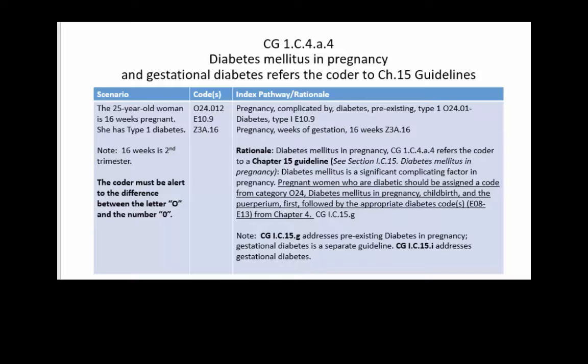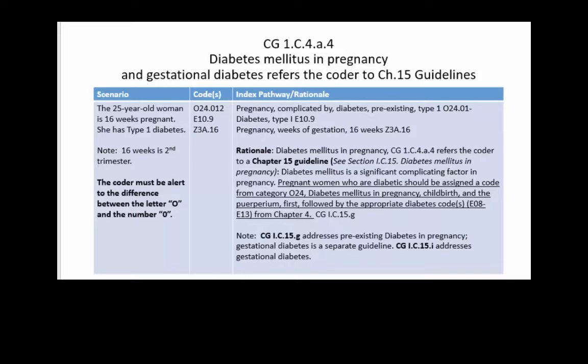O24.012 is the code for pregnancy complicated by diabetes pre-existing type 1. You notice that in the index there's O24.01 dash. The dash is the last character to the sixth character, which is the trimester. And I have a note here on the left that 16 weeks is the second trimester, so 2 would be your sixth character in that code.